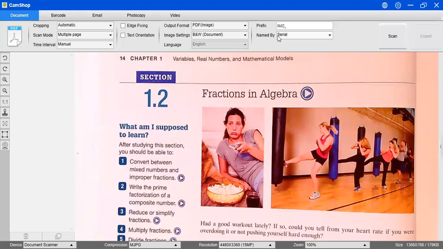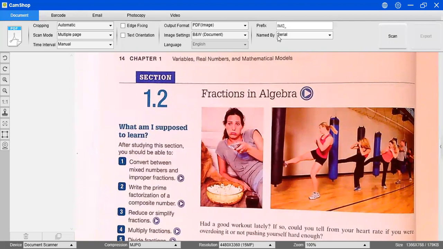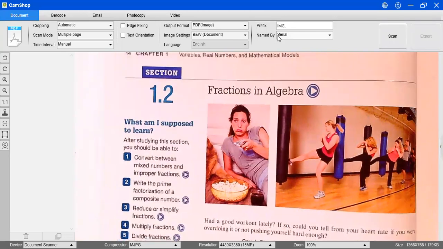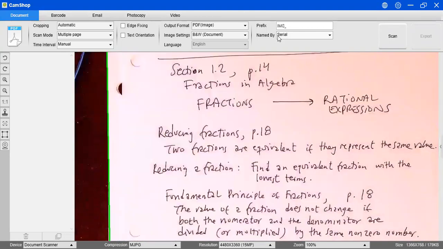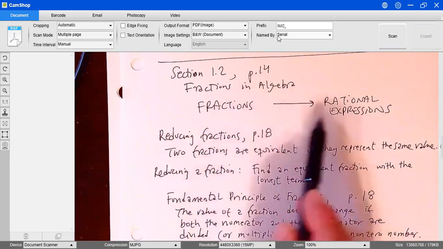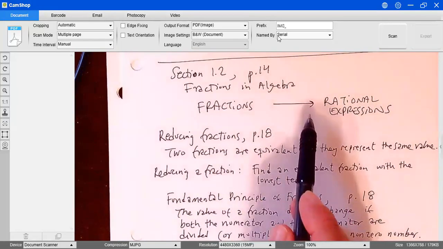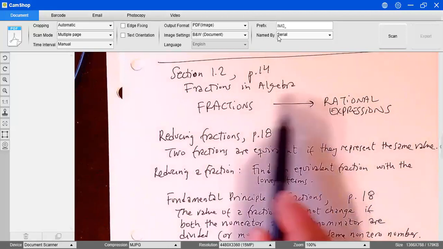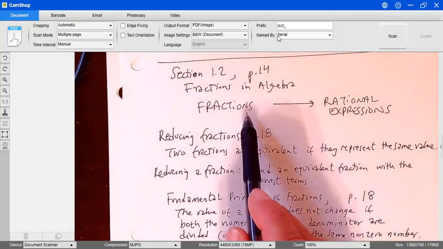We're going to start now. Section 1.2 is on page 14 in your book, and it's about fractions in algebra. So we're going to need to remember our fraction method, the one that we learned in high school or middle school. Fractions are more about arithmetic operations. It's a division of two numbers. And it's important because we're going to use fractions later with variables, and when we incorporate variables, those fractions are going to receive a different name.